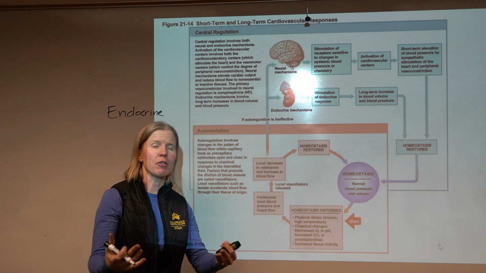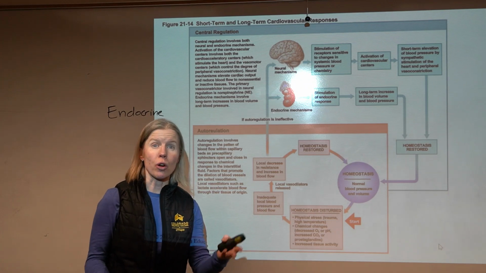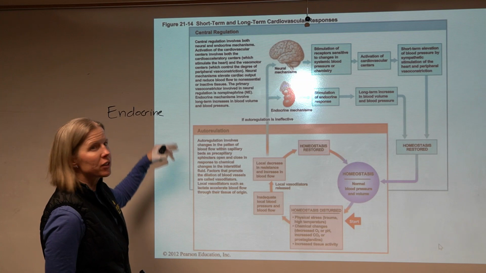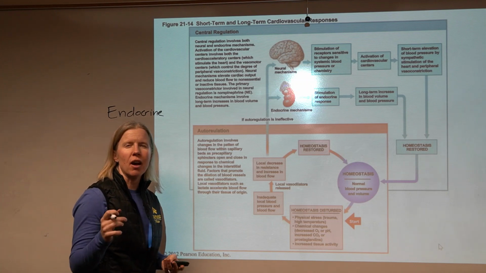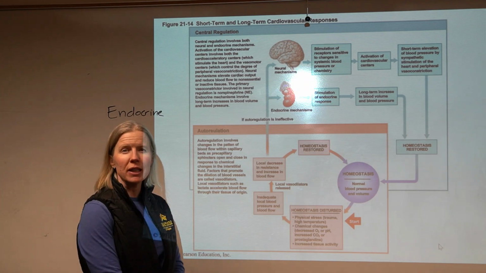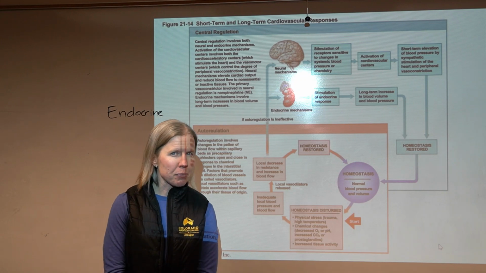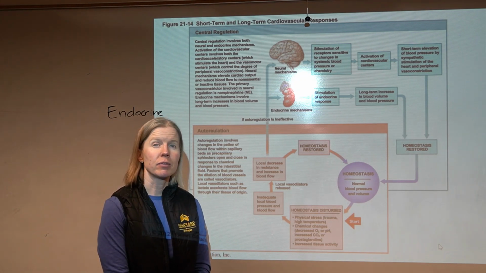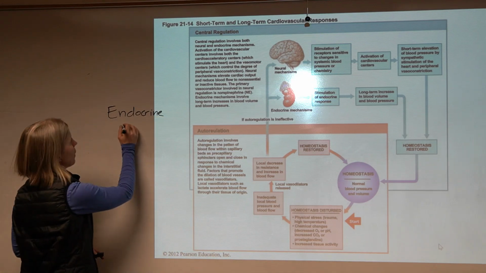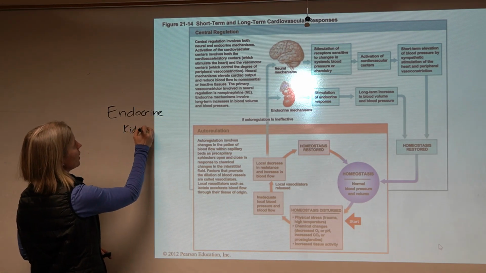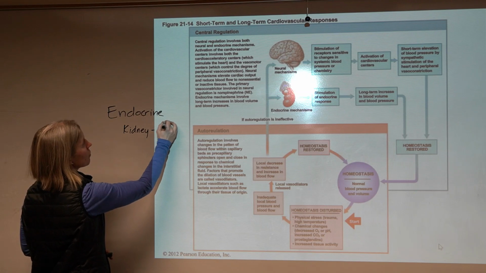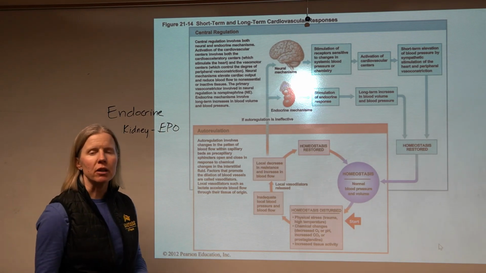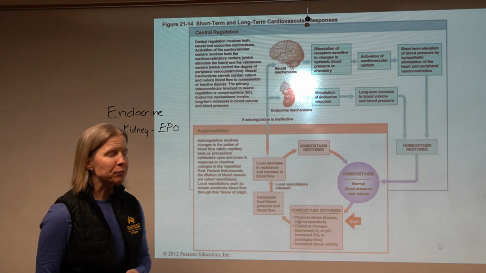If we think of it as, hey, this organ isn't getting enough oxygen, we could think of a hormone released from the kidney that would tell us to make more red blood cells and carry oxygen. If you said EPO, you're right. So the kidney producing EPO could increase red blood cells and increase oxygen delivery.